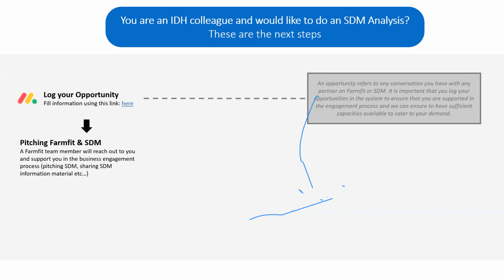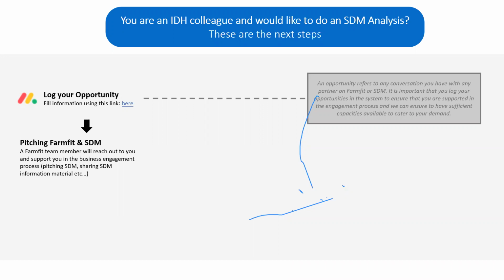When you have done this, we will assign an account manager, someone from our business support team who can help you properly convey what FarmFit is about and what the SDM work is about. Once you have done the SDM training, this will be something you could do yourself.